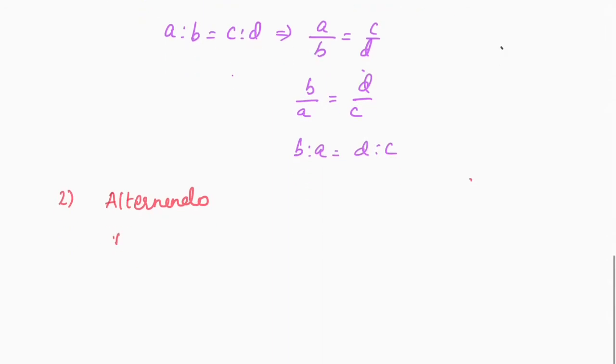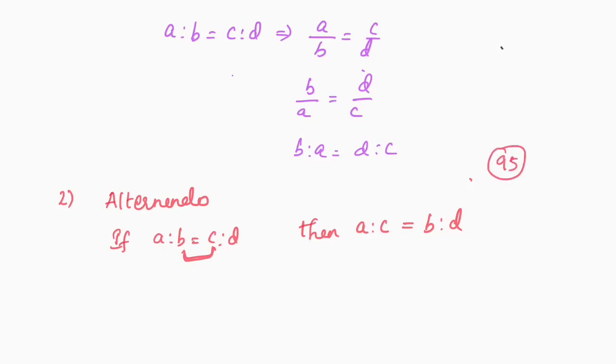According to this property, if A is to B equal to C is to D, then A is to C should be equal to B is to D. So what happened? These two are getting interchanged. Just go through page number 95 in your textbook. The proof is given on page number 95. Go through that. If you have any doubt on that, please do ask me.